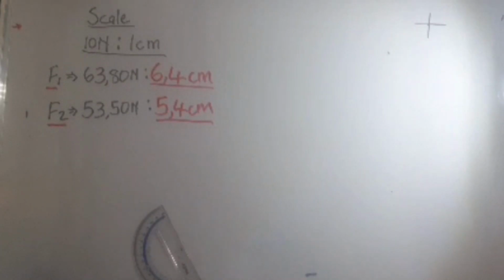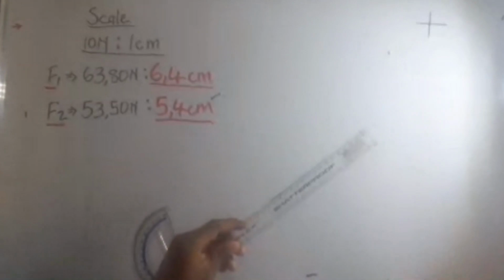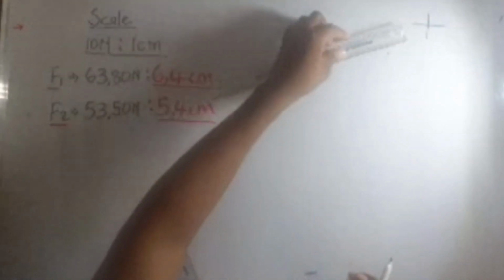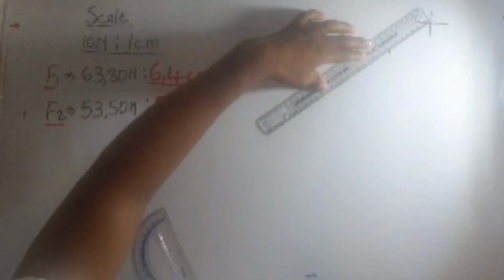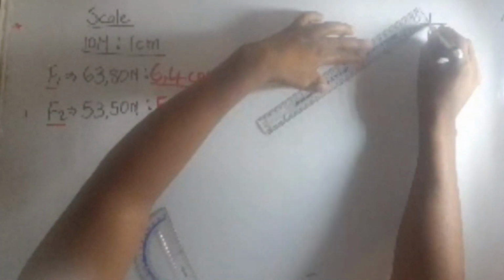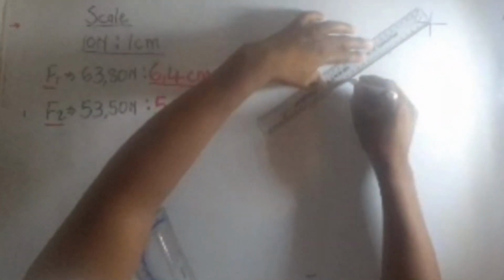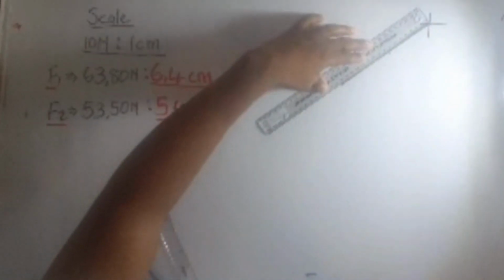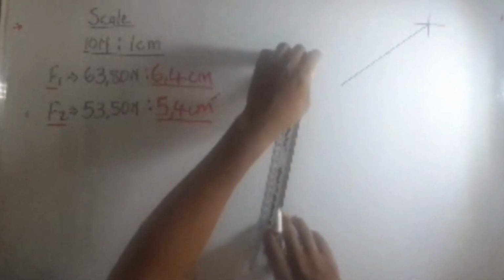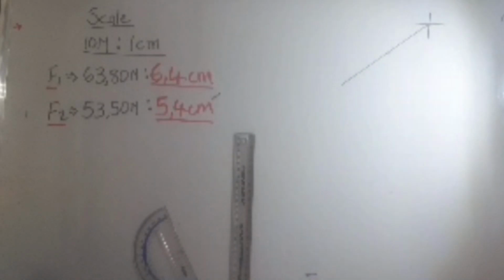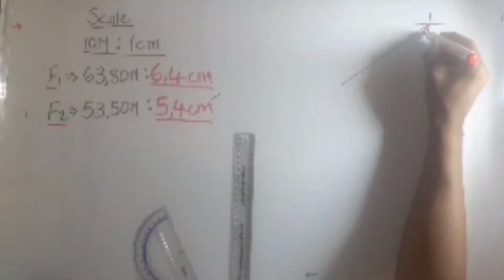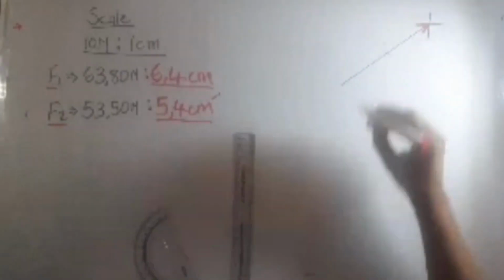And what is the magnitude of F2? The magnitude of F2, we say, is 5.4 centimeters. So we take the ruler to draw a 5.4 centimeter vector. Yeah, that is 5.4. So this is F2. So I draw the arrow to show it's a vector.